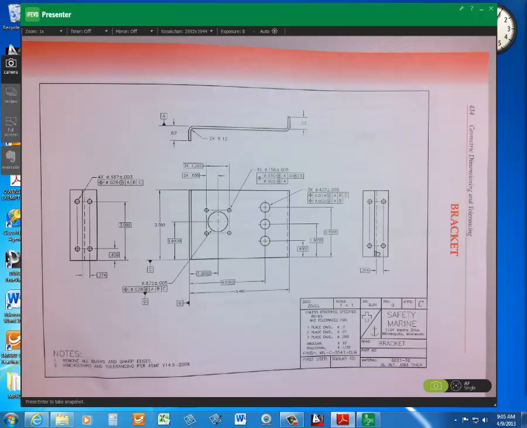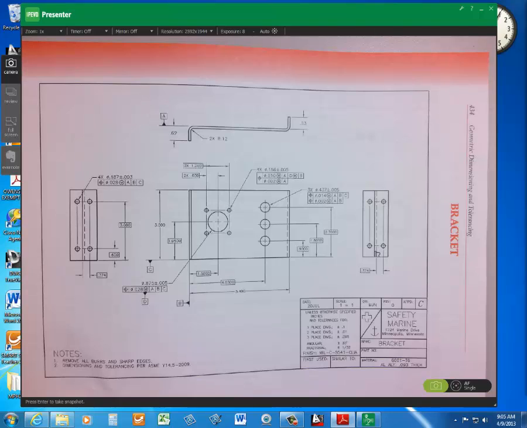All right. So since its circle M is next to the feature control frame, that means this tolerance applies at MMC. You are allowed to increase an equal amount with your produced size up to your largest, or LMC in this case.